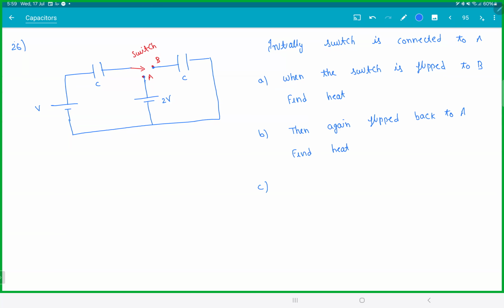Now if you do this infinite times, you kept on flipping between A and B, find the final charges on the capacitor. Let's get this. This will be a paragraph question.